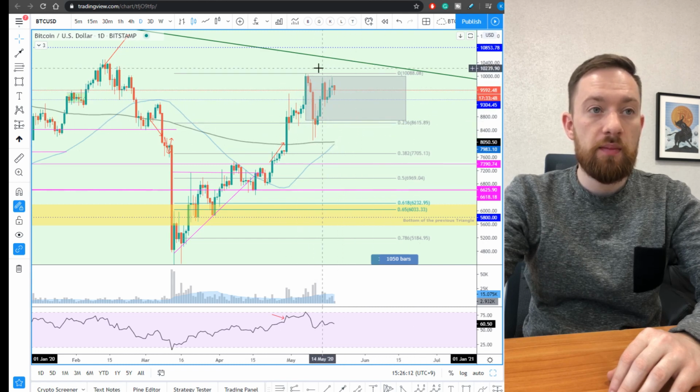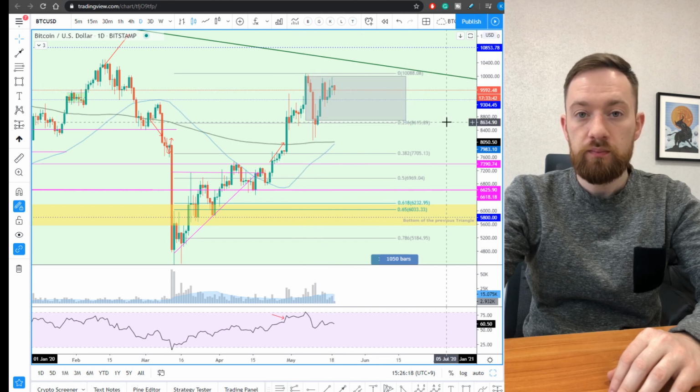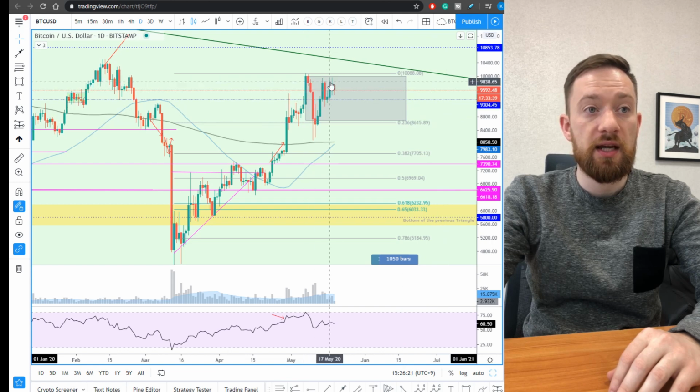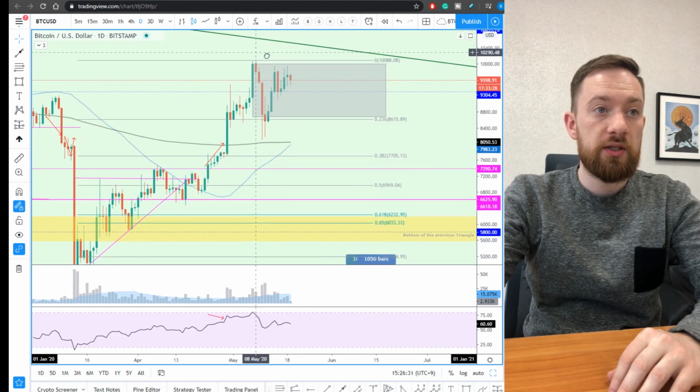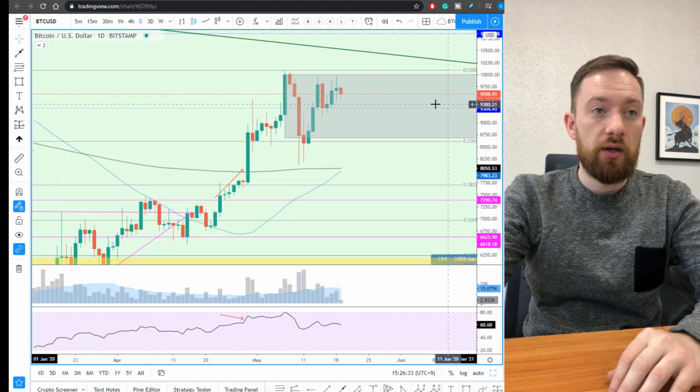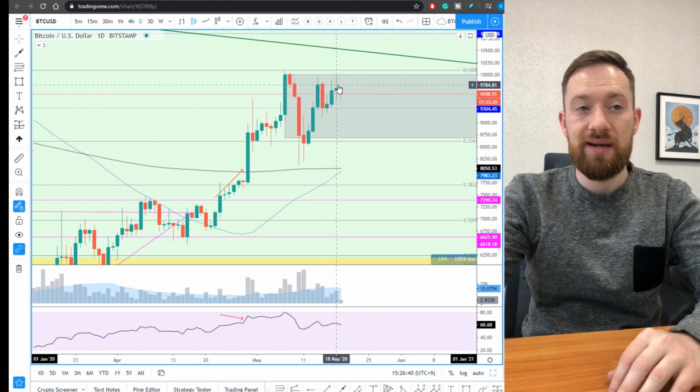And at the same time, this rectangle that we drew, this area that we drew last week, we are staying in exactly the same area as a zone of consolidation. Once again, when the price was going above the 9,800, we can see the wicks of the candlesticks with the nice volume increasing if we go to the smaller time frames.